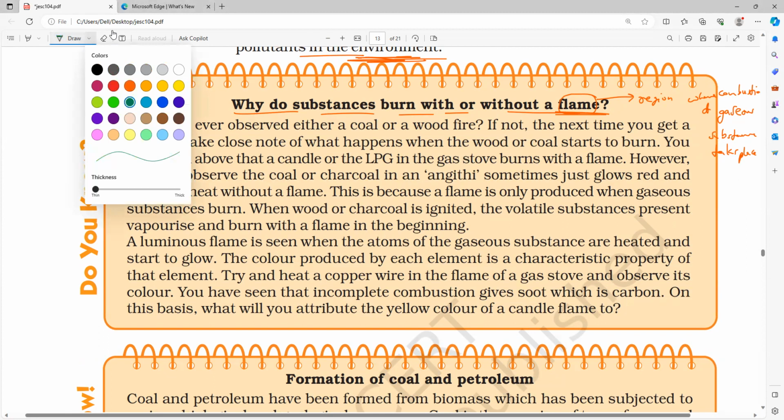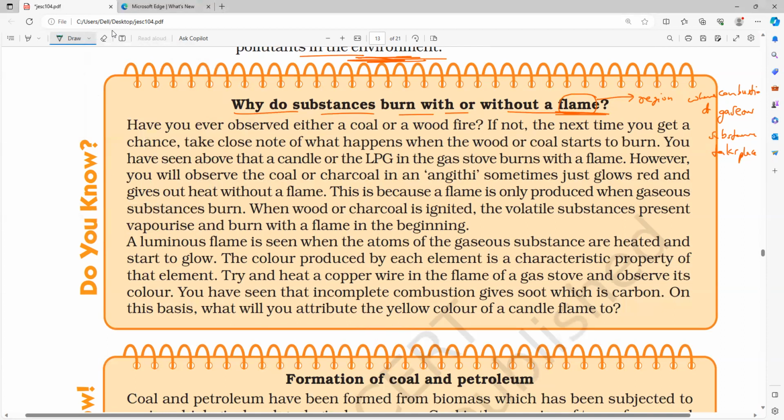Now, if you observe here, we can see different types of flames. If a candle is burning, we can see it, and if cooking gas is burning, we can see it, and you can see they have some color. Cooking gas, we notice, is blue in color. A candle always burns with what color?